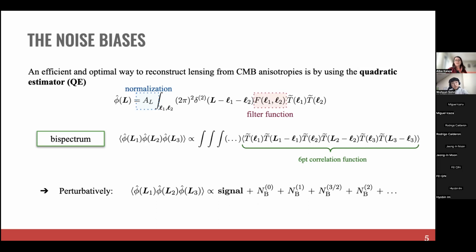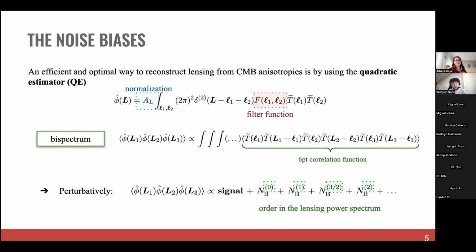These biases depend on the lensing power spectrum, and the nomenclature that we use reflects this. We have N0 for the first noise bias, which doesn't depend explicitly on the lensing power spectrum. It comes from the estimator itself.